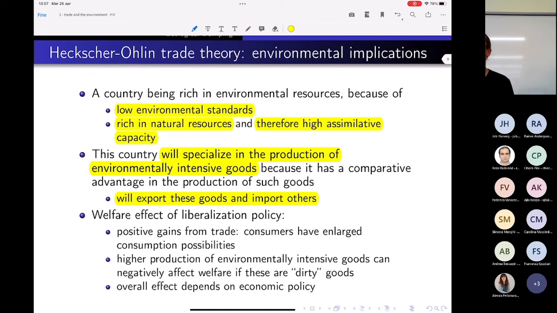So, just quickly, when you say the export of environmentally intensive goods, are you talking about, for example, Australia, where we extract quite a lot of commodities from the ground, but we don't process them in Australia, they're processed in Asia? Yeah, both. It could be natural resources like the one you mentioned. We have a lot of natural gas, or whatever, and we just extract it and export it, and then import others.